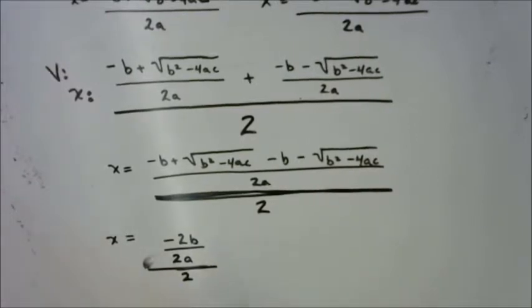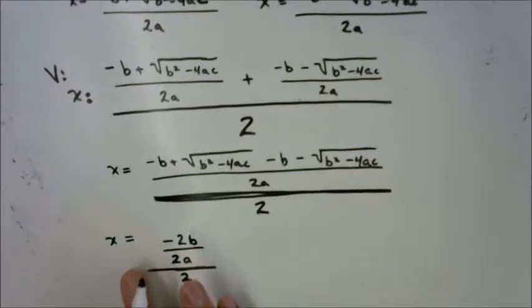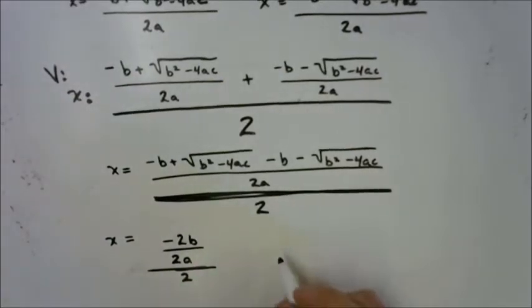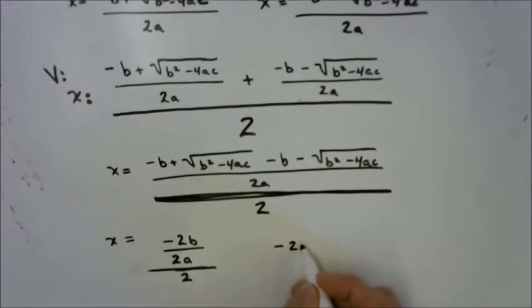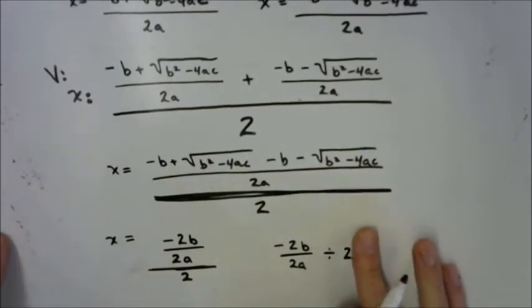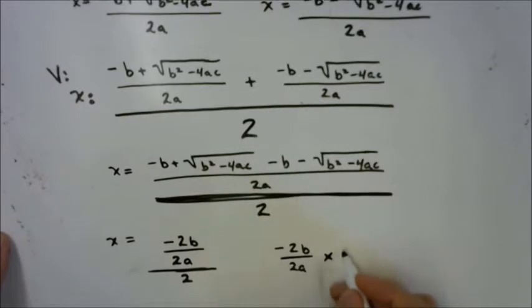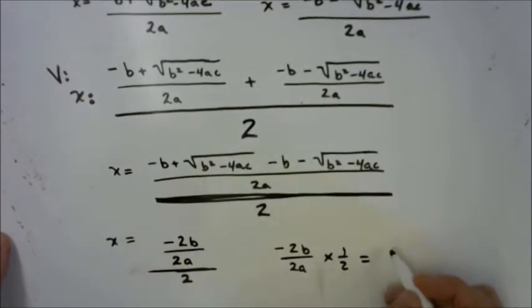The next step that we have is, you might not be able to see this right away, but if you had negative 2b over 2a, and you're dividing that whole thing by 2, that's the same as multiplying by 1/2, where we would go top times top and bottom times bottom. So what we're left with here is negative 2b over 4a.